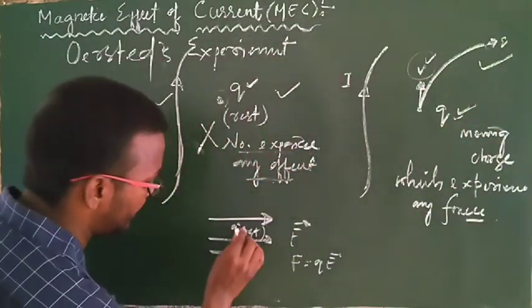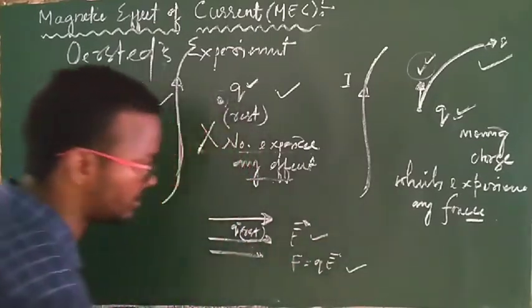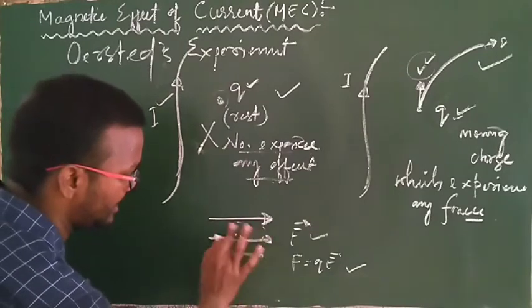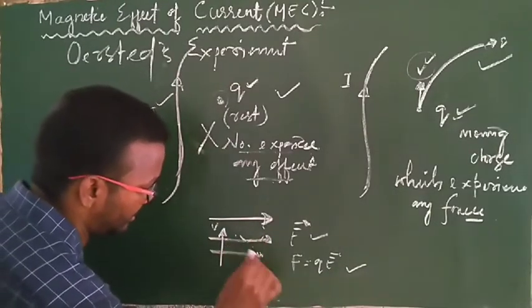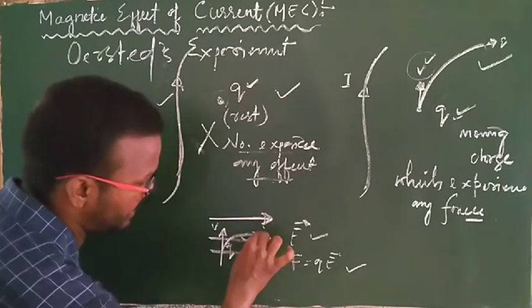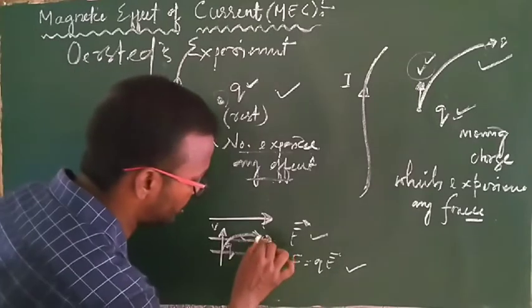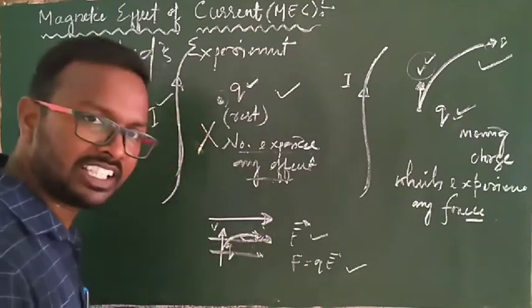In the electric field case, if the charge particle rests in the electric field, then it will experience a force. Similarly, if a charge particle is moving with some velocity in the electric field, then it will experience a force and it deviates from its original path. Clear?